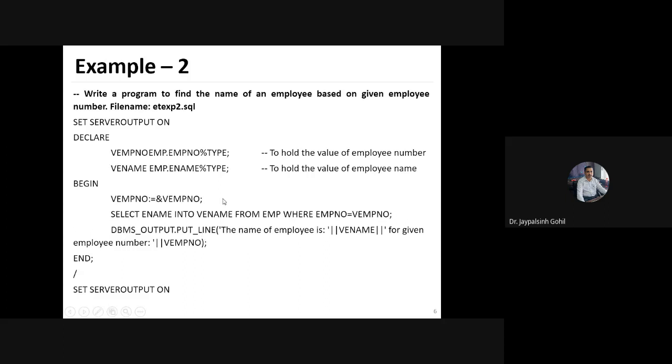Finally, in dbms_output.put_line, I am printing the employee name based on the given employee number. So this is the simple code; I'm searching for an employee name based on the employee number.